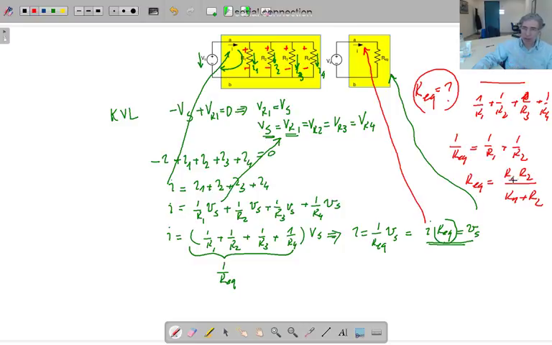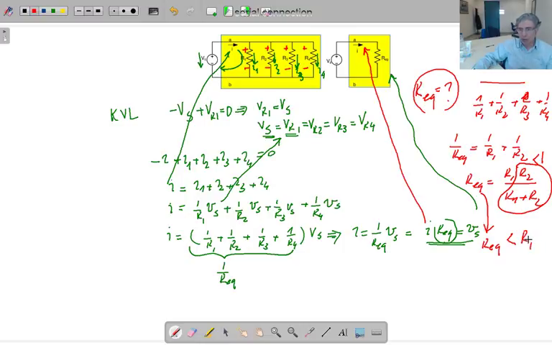So how can you check it? If it is the smaller resistor that we've got, look at the other side, this ratio. This ratio is smaller than 1. Why is that? Because you are dividing R2 by something which is bigger than R2. So this is less than 1. If this is less than 1, that means the equivalent resistance value is less than R1.